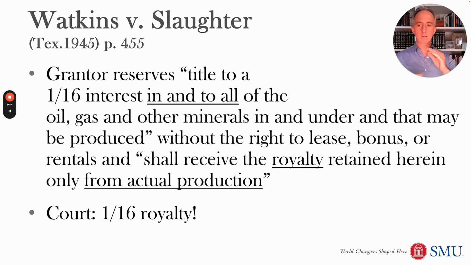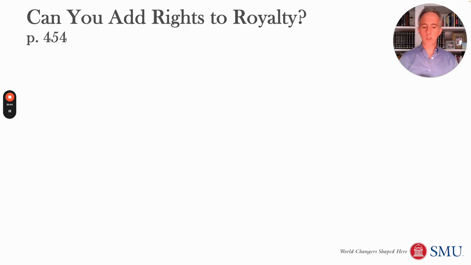And for many years, the standard lease royalty was 1/8, right? So 1/2 of 1/8 is what? 1/16. So it's possible that there's an intuition here that a 1/16 royalty would be a very common thing for a grantor to reserve from a sale, and so we're just going to interpret that as 1/16 here. But it's important to understand these cases; a lot of people find them hard to distinguish.